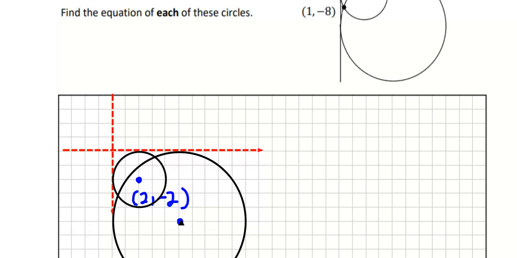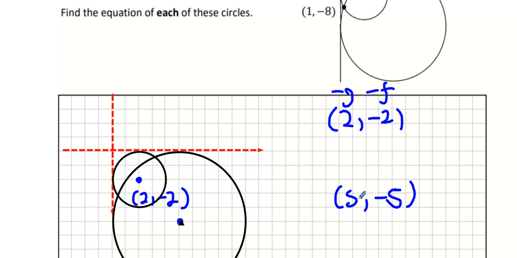Now the deal with an equation like this is, imagine the center (2, -2), or the center (5, -5). The center is (-g, -f) using GF language. Using GF language, here's what happens. 2 does not equal -2, that doesn't work.